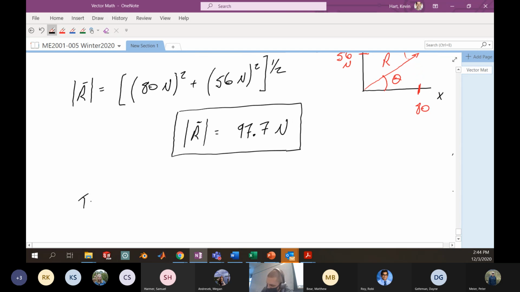Remember that tangent of theta is the opposite over the adjacent. So this is just going to be tangent inverse of 56 over 80. You work this out, you'll get an angle here of 35 degrees.